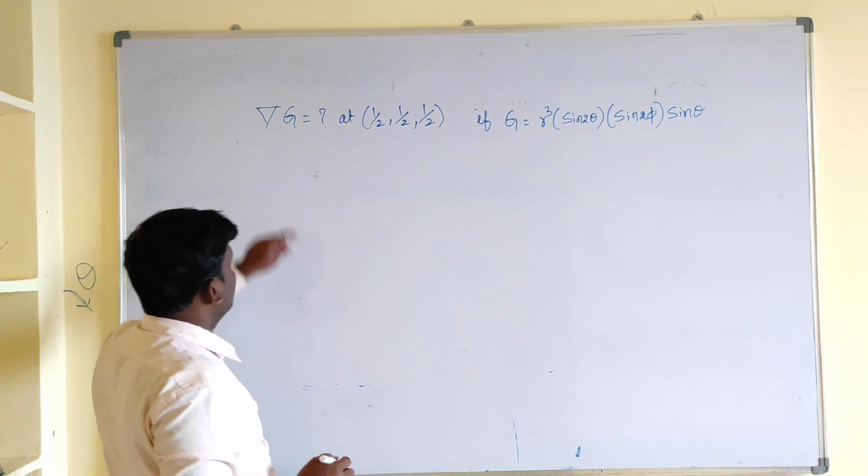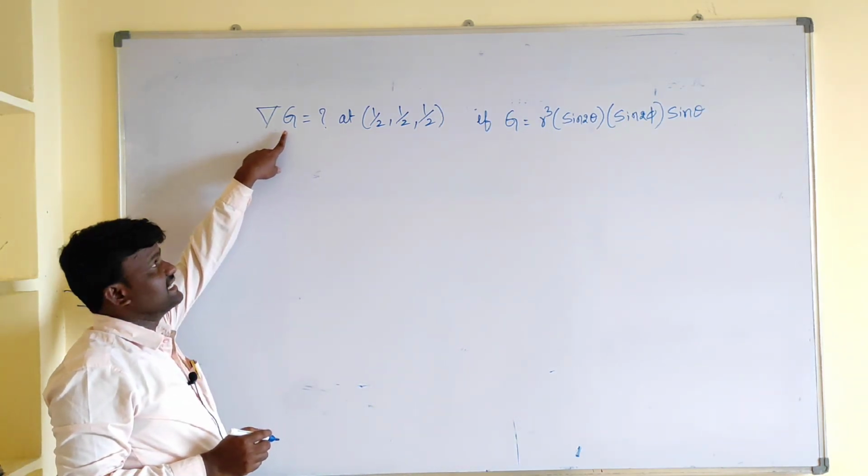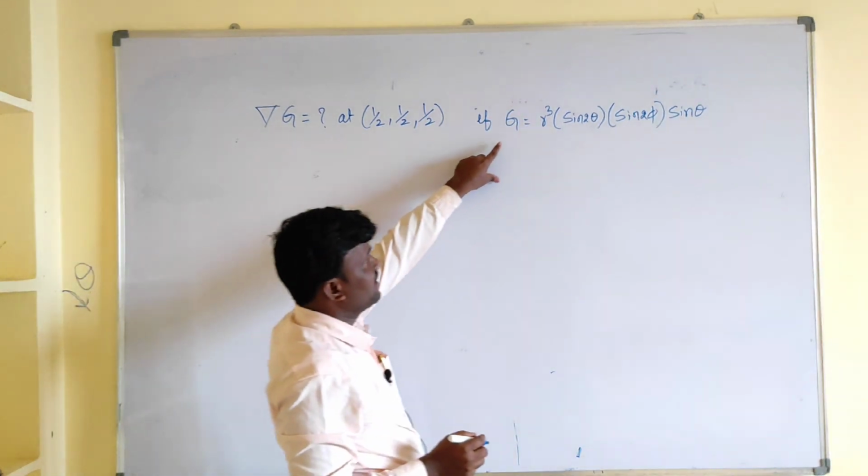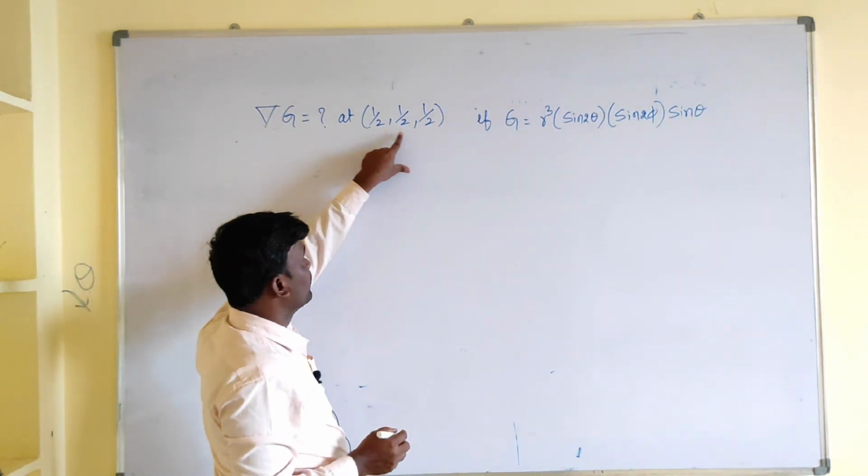We need to determine the gradient of this G at the point 1 by 2, 1 by 2, 1 by 2.